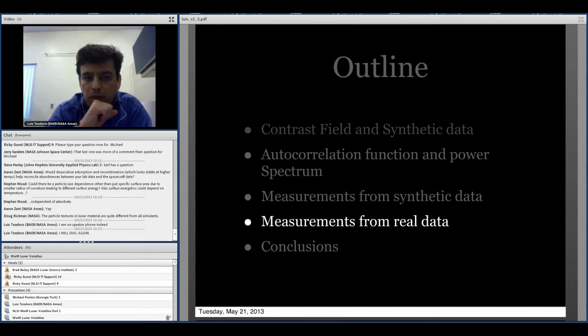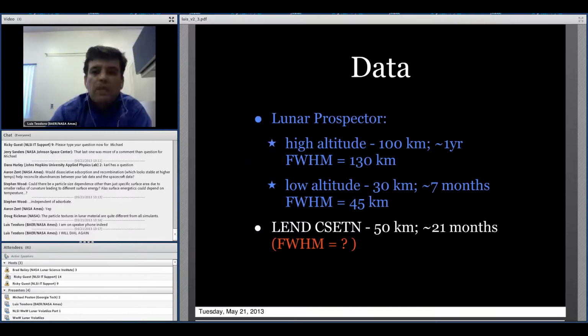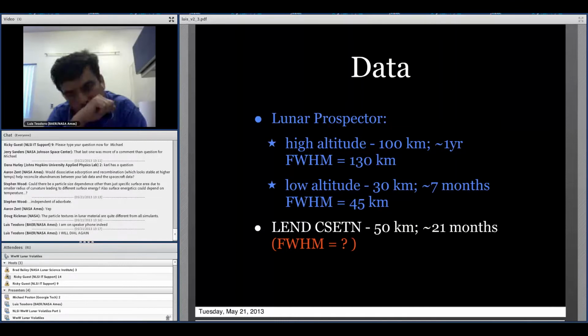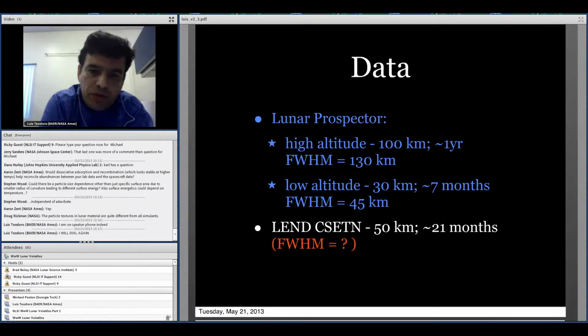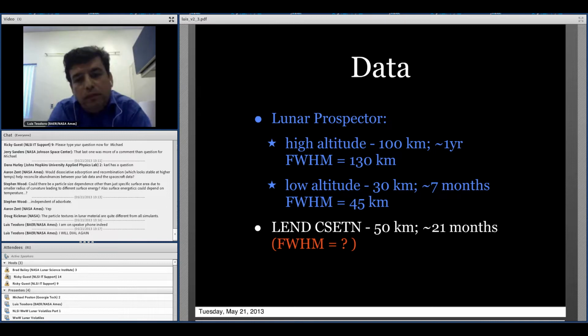Right. So after this exercise, we think we understand how these two different estimators work. So let's have a look at the real data. Before that, we are going to apply these two estimators to different data sets.